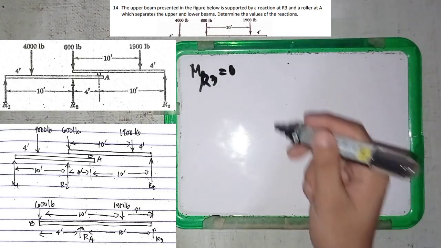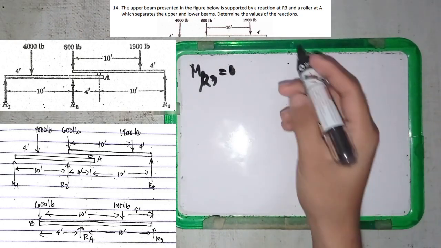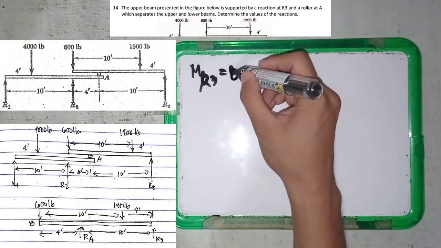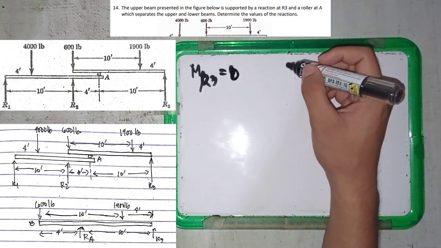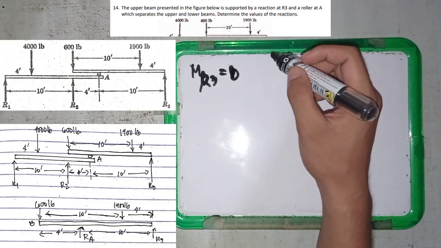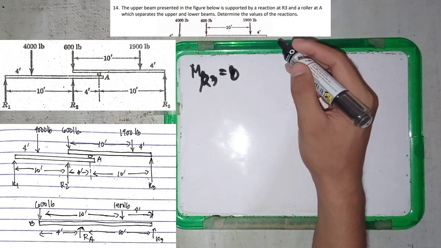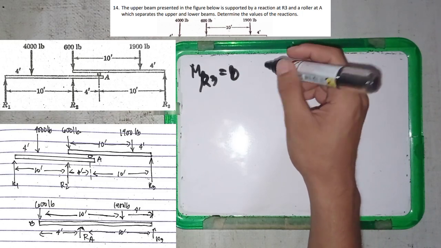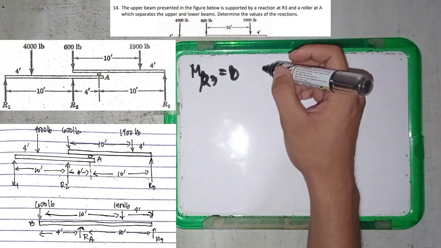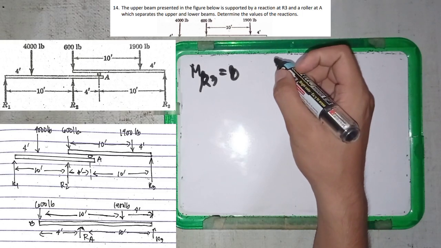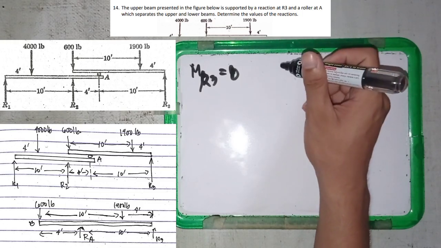We are just focusing on the upper beam. If we count from the point R3 to the end, it is 14 feet. From R3 to RA, it has 10 feet.